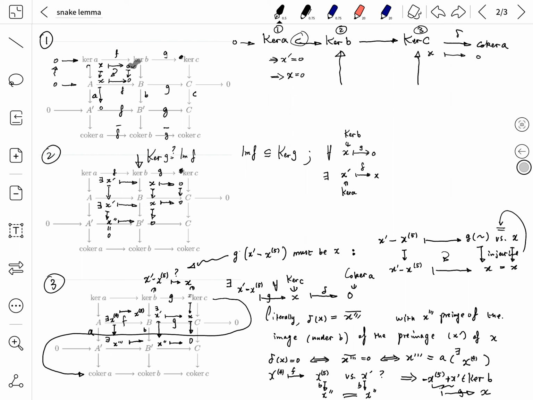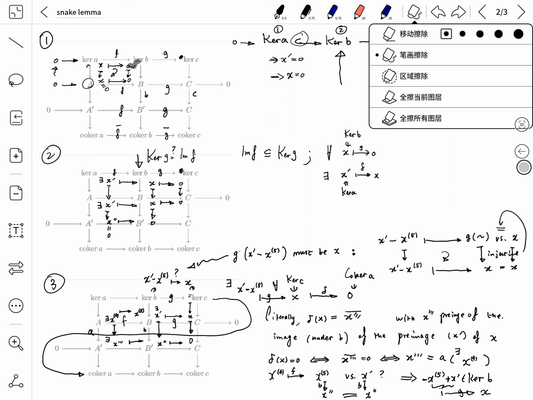This means that if we require this f to be injective, then this small x must be 0 because it is mapped to 0. It is in the kernel of small f. If small f is required to be injective, then automatically this small x must be 0. And actually, that's all we need. So, looks trivial, right?